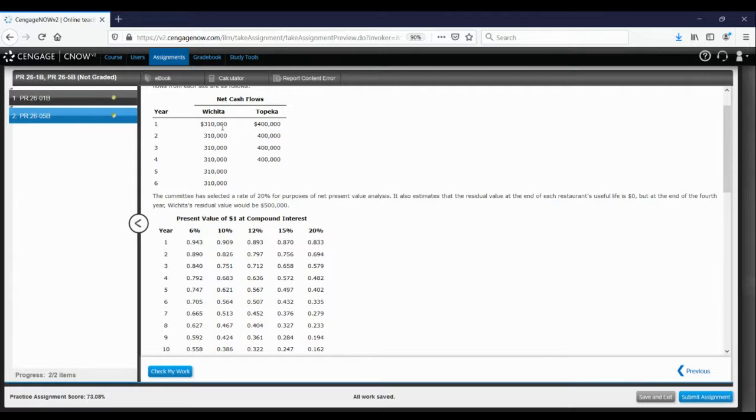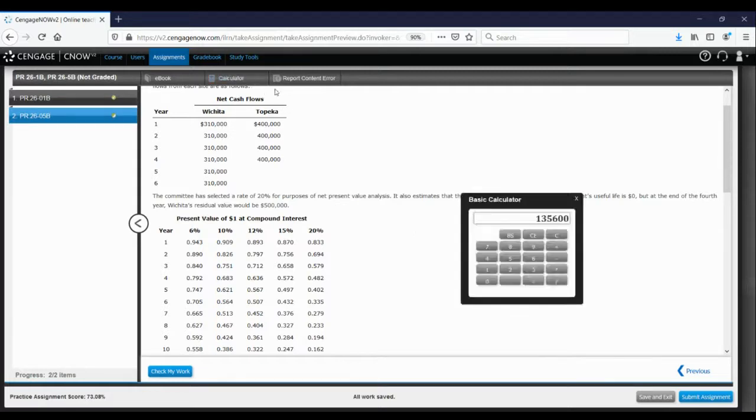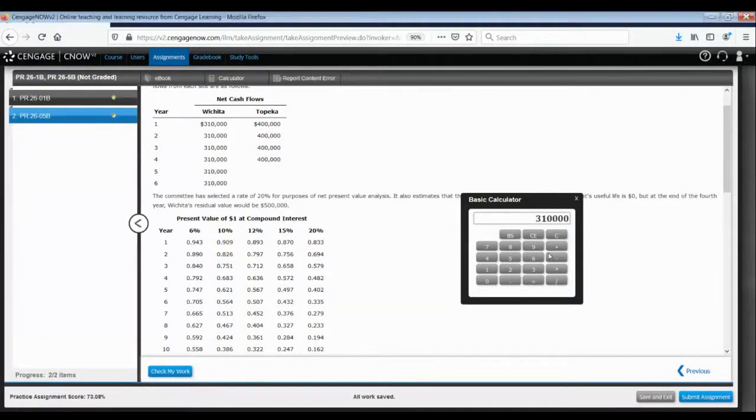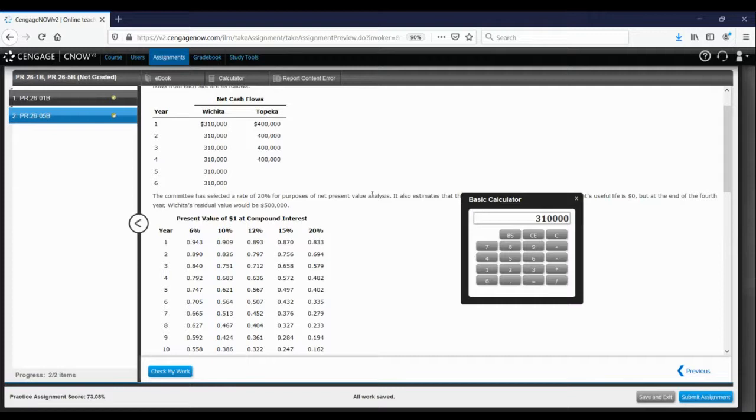Start with year 1 of Wichita, which was $310,000. You'll want to find the present value of that year 1 $310,000 cash flow using the present value of the dollar table. That was the first table there. The rate is still going to be 20%.